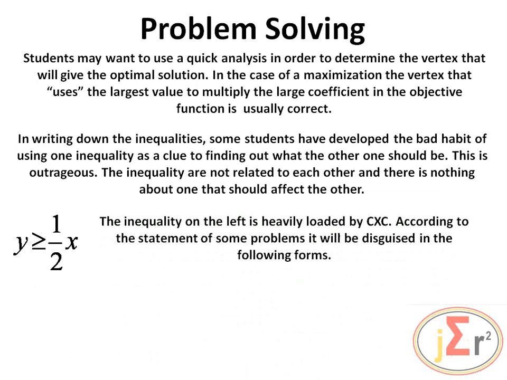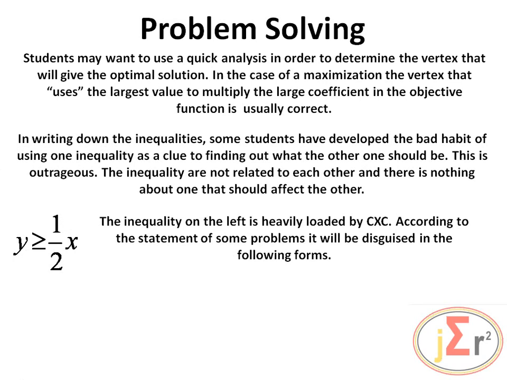The inequality on the left, which is y is greater than or equal to a half of x, is heavily loaded by CXC. According to the statement of some problems, it will be disguised in the following forms. So this is a simple inequality that we have graphed already, and it has a tendency to return time and time again.